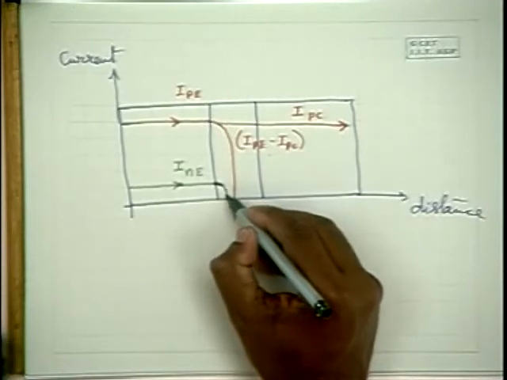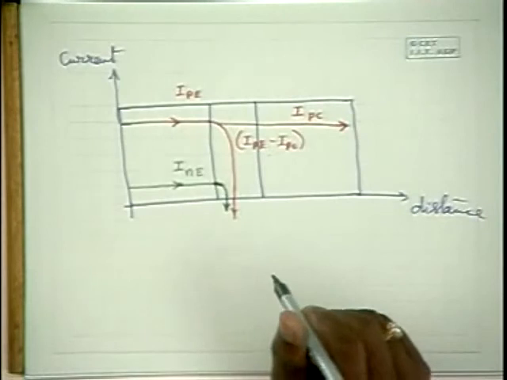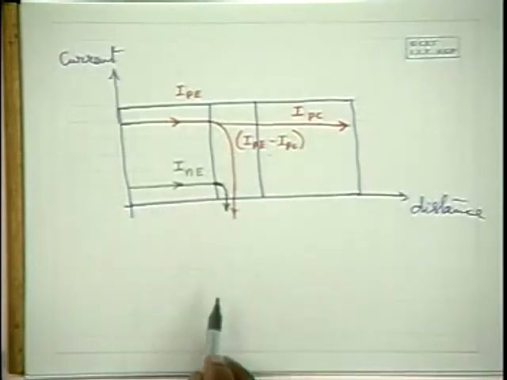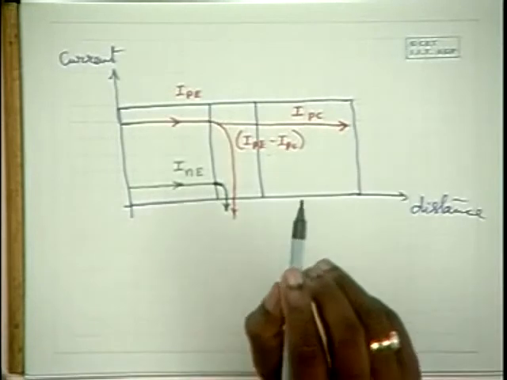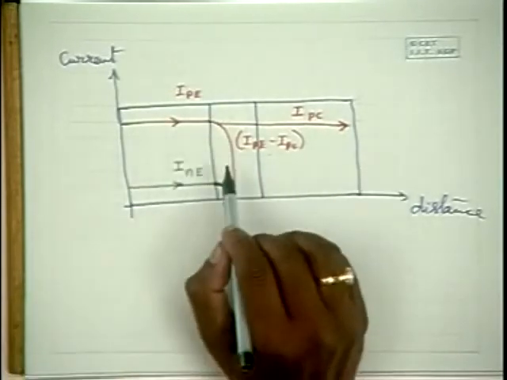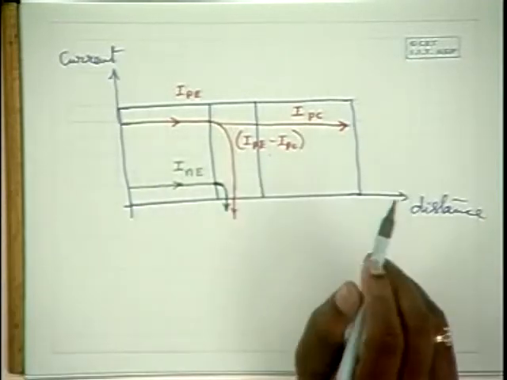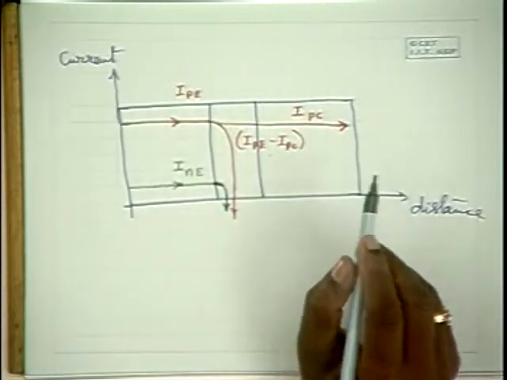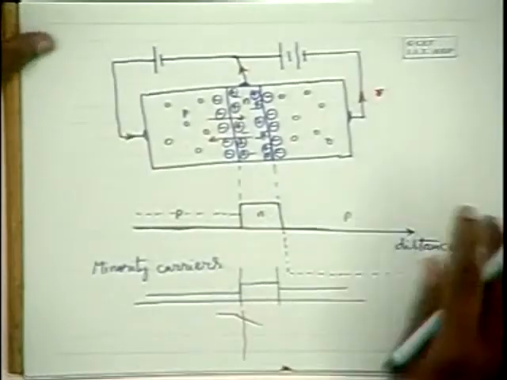Therefore this current also contributes to the base current, because it is coming from the base region into the emitter region, and this current is drawn from the base side circuit. So this is about the emitter base junction. What about the base collector junction? The base collector junction is reverse biased, as you have seen in this diagram.